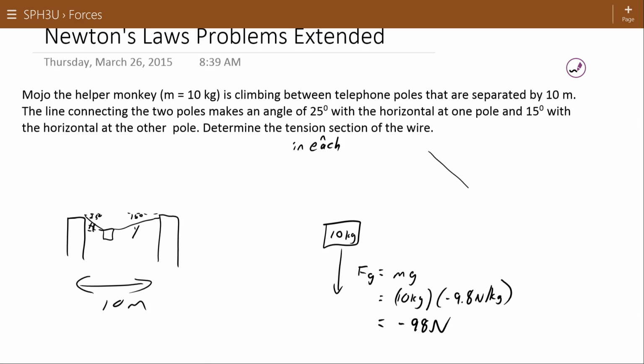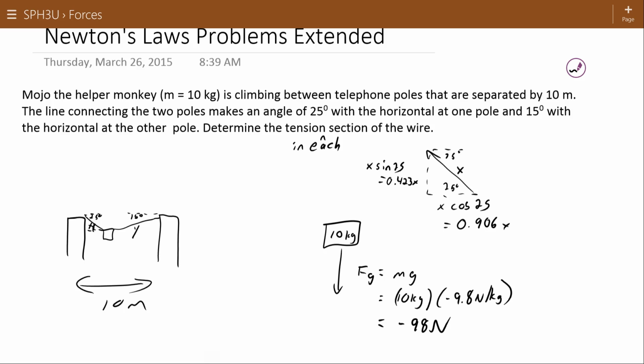So if I imagine the rope pulling off to the left-hand side with an angle of 25 degrees, remember this was 25, so this is 25, and I've assigned that one a variable x, then I can get that the vertical component of that force is x sine 25, or 0.423x. And this one is x cos 25, or 0.906x.